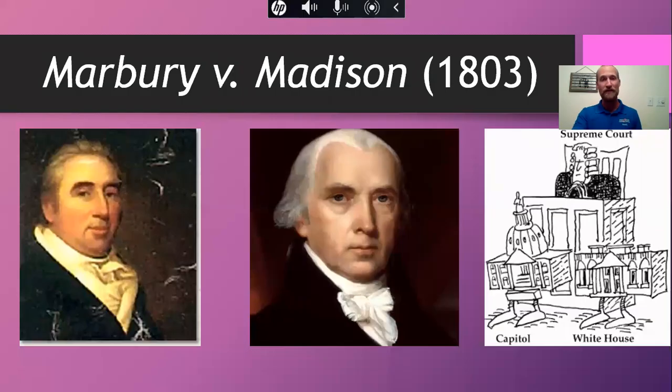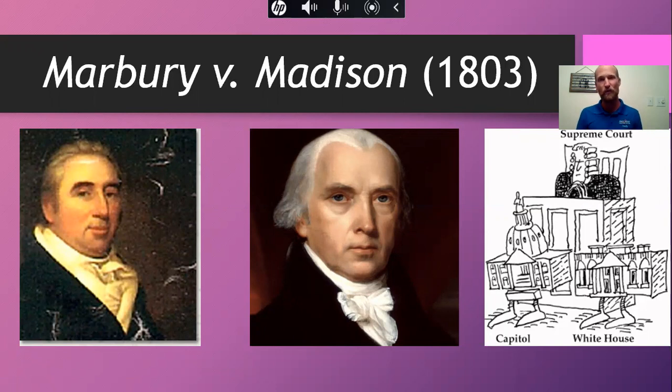So William Marbury ends up filing a lawsuit against James Madison, saying that he, Marbury, should have been given his position as Justice of the Peace in Washington, D.C. So this Supreme Court case at first was all about the question of whether or not Marbury deserved to have his position and whether or not the court had the power to demand Madison to give Marbury the position.